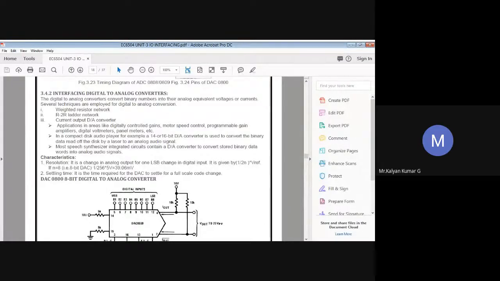But in many applications, the microprocessor has to produce analog signals for controlling certain analog devices. When such is the case, there is a need to convert digital signals to analog signals. In those situations, we need a D to A converter, which means a DAC has to be employed. So it is the exact opposite of your ADC.